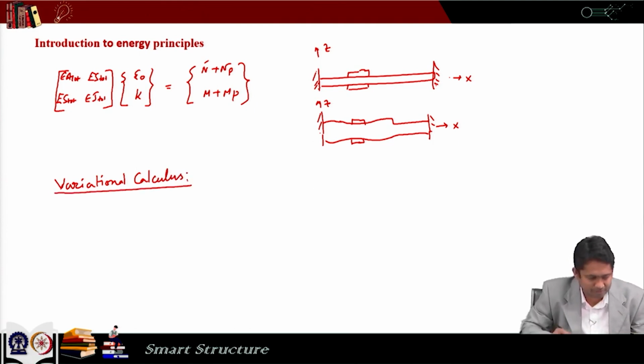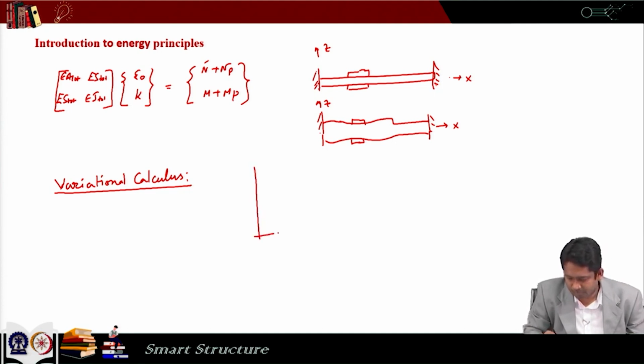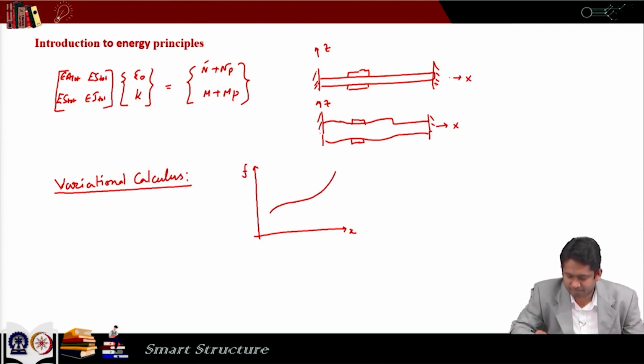So, in variational calculus, we have suppose a function f of x, and suppose the function is defined like this. Now, let us assume that, so this is our x.